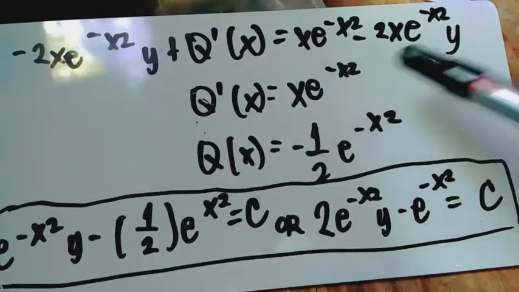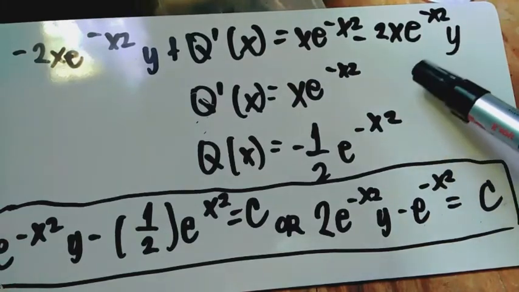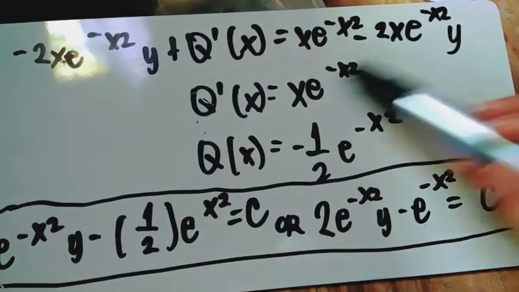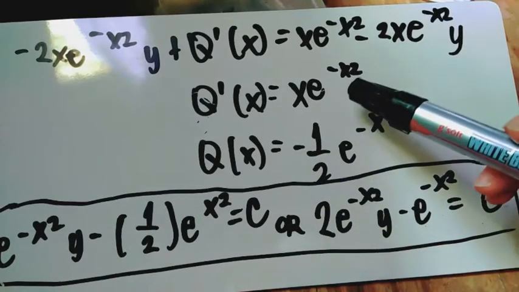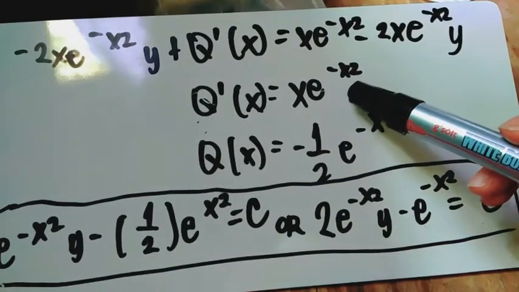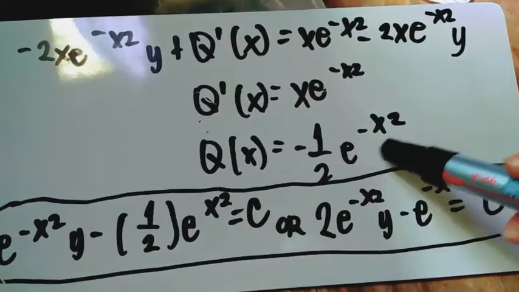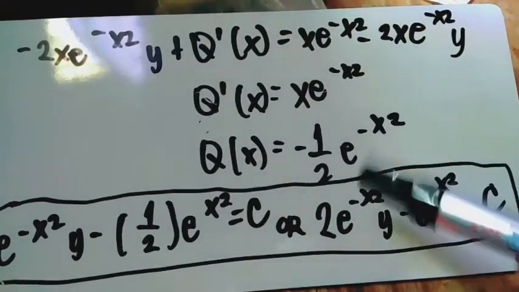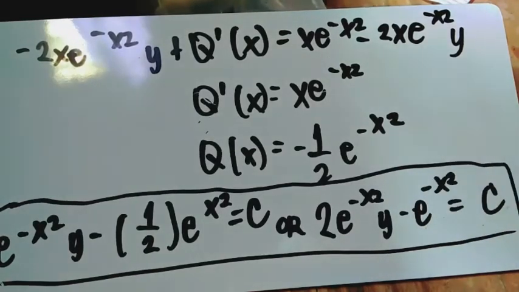x e raised to negative x squared minus 2x e raised to negative x squared y, minus lang g prime of x is equal to x e raised to negative x squared. Integrate, is equal to negative 1/2 e raised to negative x squared.